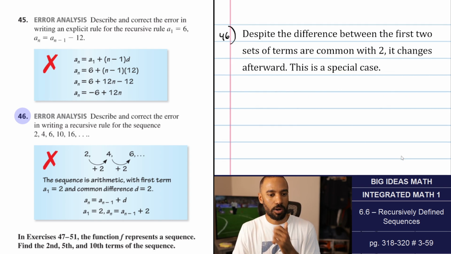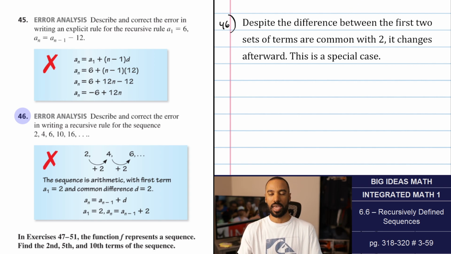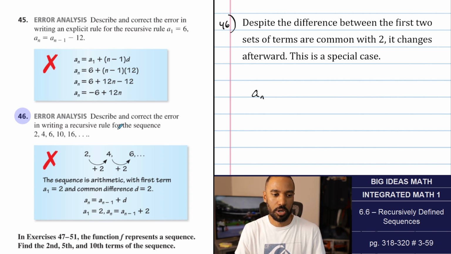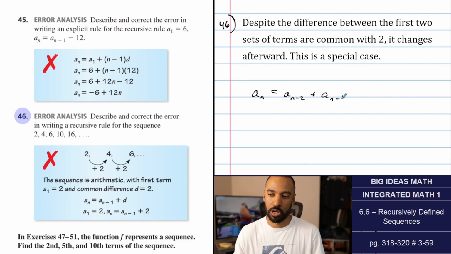So they said write the recursive rule. And yeah, these are very hard to come by with explicit rules. I don't know if I can come by them. They're a little trickier to talk about. This rule doesn't have a common difference. This looks like it's adding the 2 terms before. 2 plus 4 is 6. 4 plus 6 is 10. 6 plus 10 is 16. So we're taking the term 2 terms before plus the 1 term before.